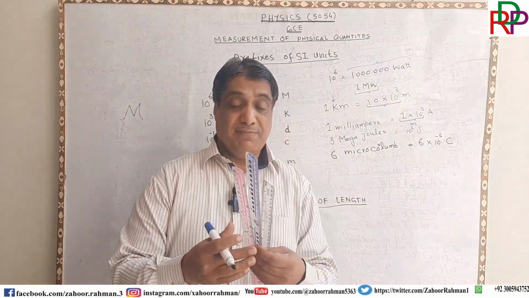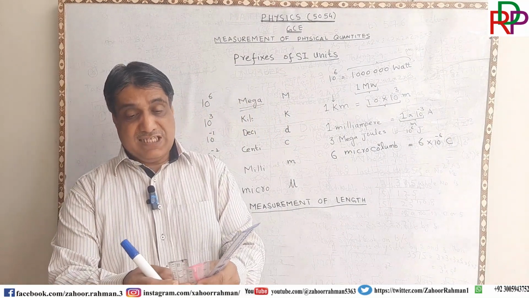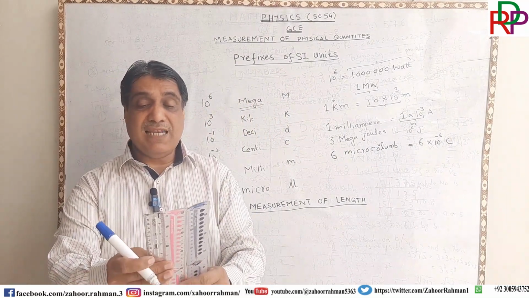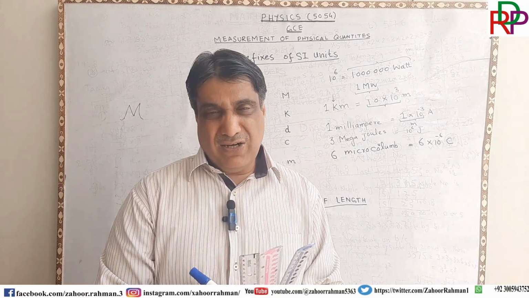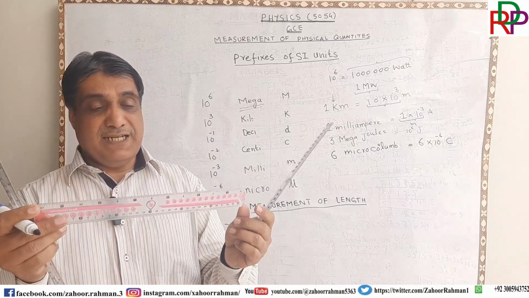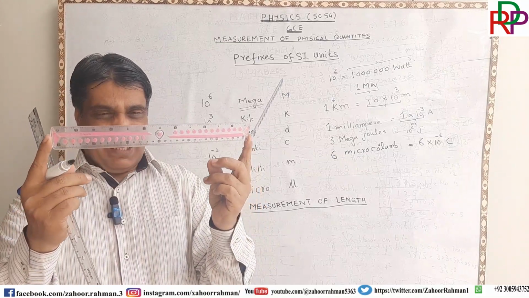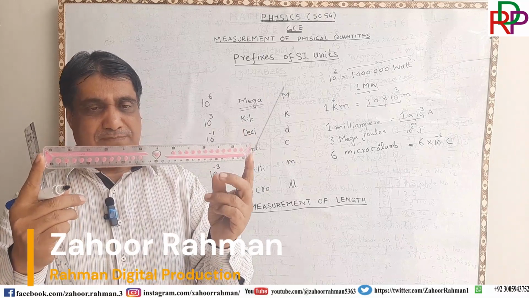There are meter rules of different lengths, smaller and larger can be found in the market. So for that particular reason, we are mostly using this scale, which is called meter rule.